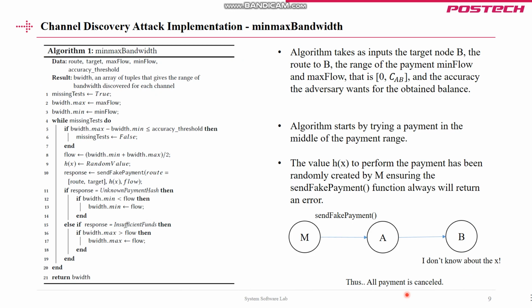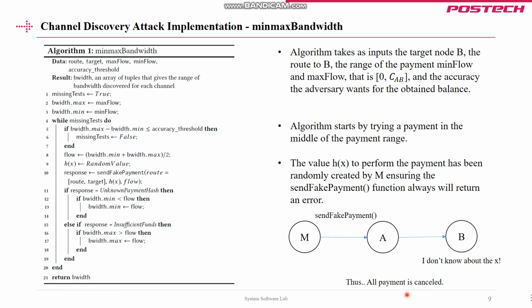So this is the actual implementation of the channel discovery attack, min max bandwidth. The algorithm takes as input the target node B, the route to B, the range of the payment, min flow and max flow, that is 0 to the capacity of channel AB, and the accuracy that the adversary wants for the obtained balance.